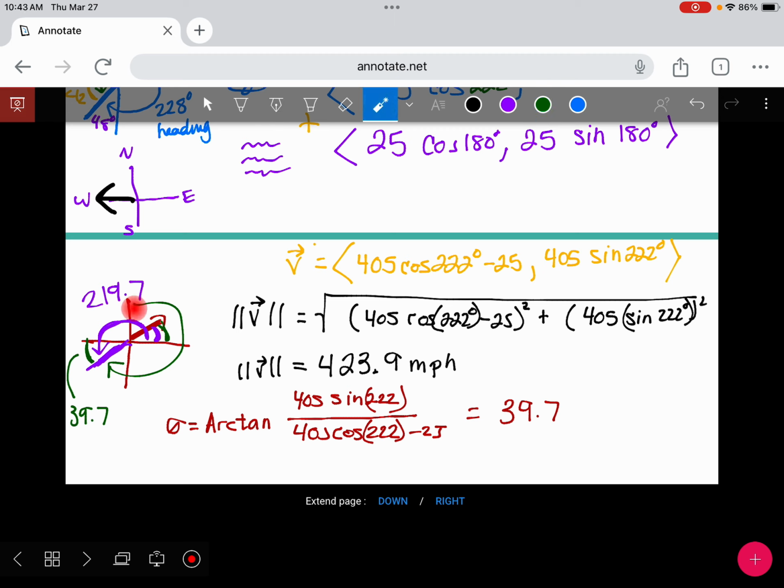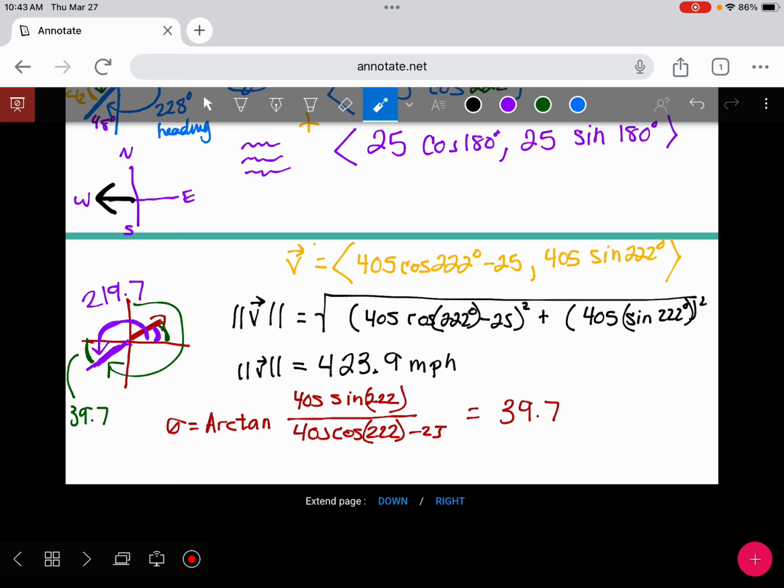So we have our 180 plus the complement of 39.7. So we'll need 180 plus the complement of 39.7. So we'll have our 230, and I don't actually have it written down.